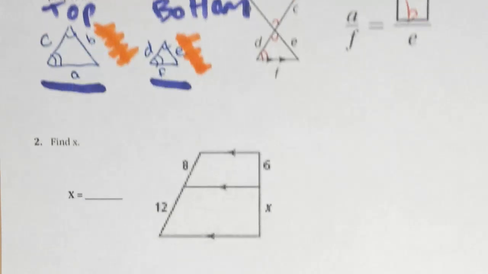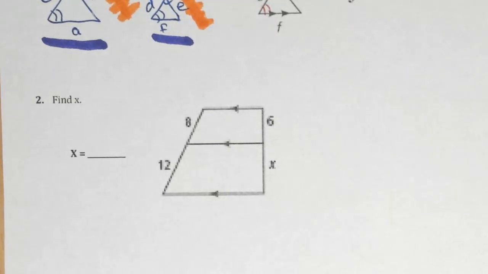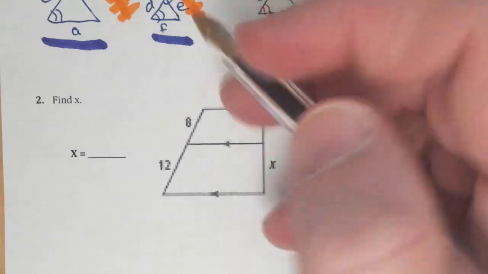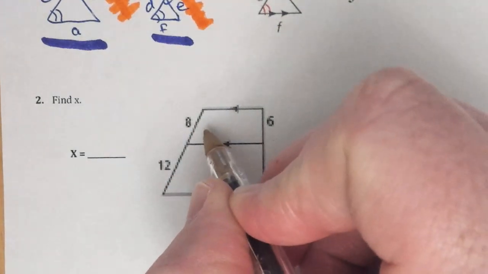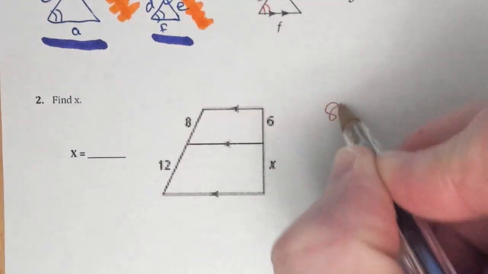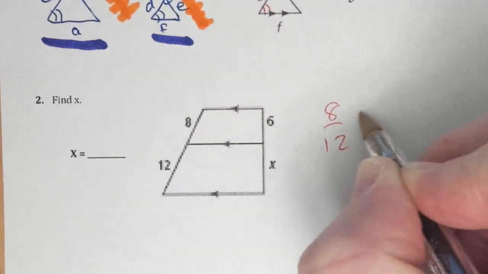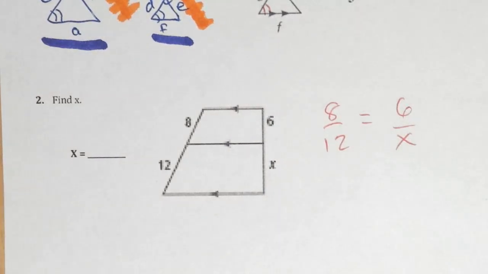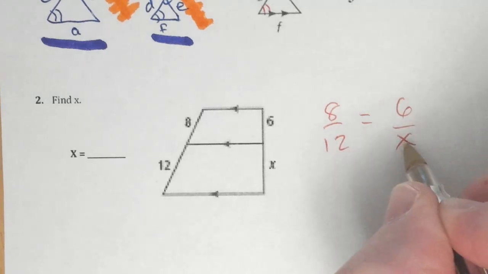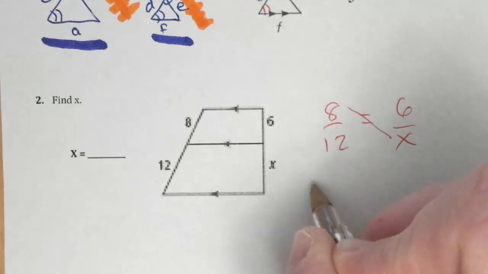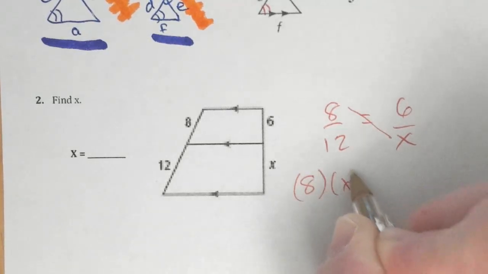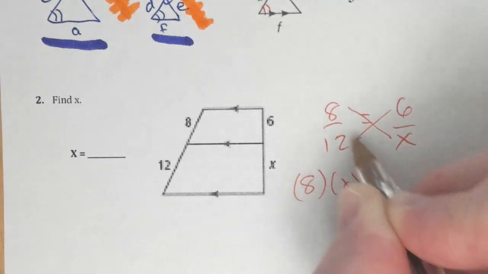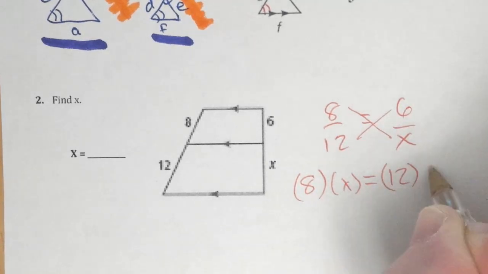All right, number 2. We know the easiest way to do this would be that 8 over 12 is equal to 6 over x. Then we're going to cross product. These two go together, so that's 8 times x, and these two go together, so that equals 12 times 6.